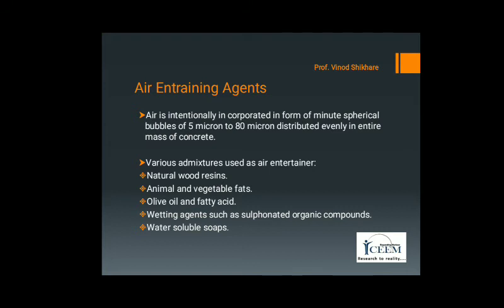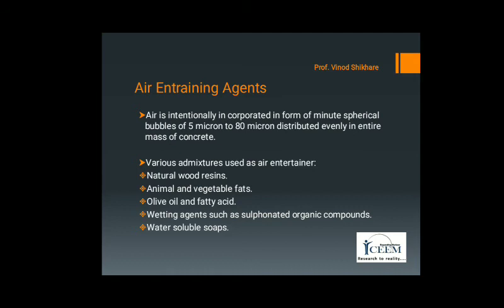The entrapped air voids may be of any shape and size, normally embracing the contours of aggregate surface. Their size may range from 10 to 1000 microns or more, and they are not uniformly distributed throughout the concrete mass.